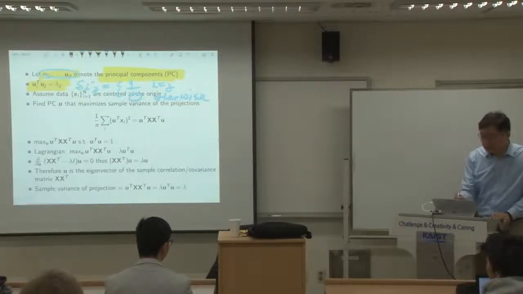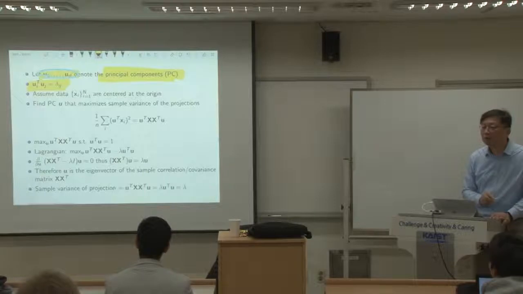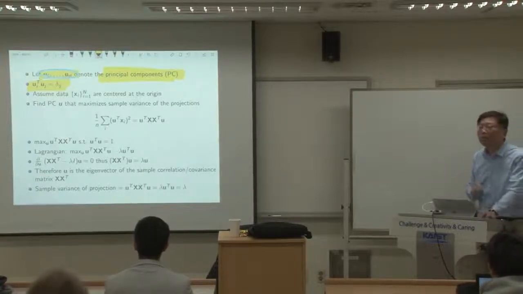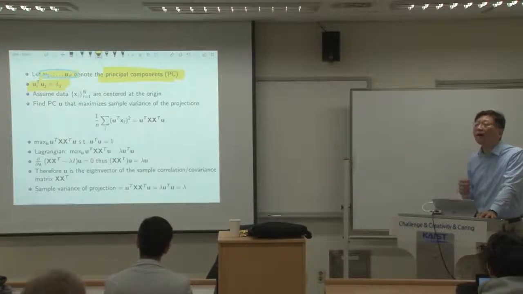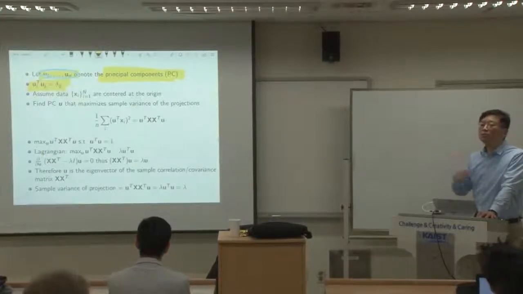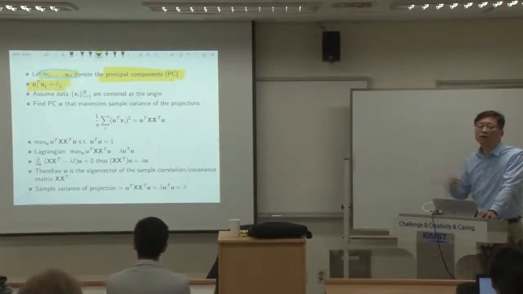So I hope everyone understands. The coordinates are orthogonal. We want orthogonal, and we sort of get that automatically by doing eigendecomposition of a symmetric matrix. Covariance is a symmetric matrix, and it's full rank.